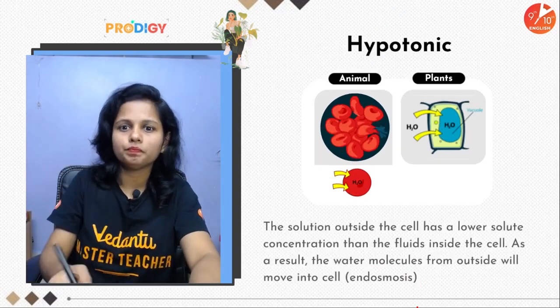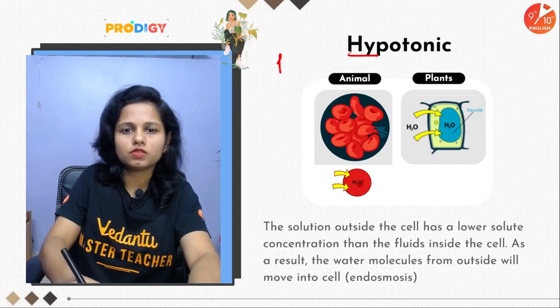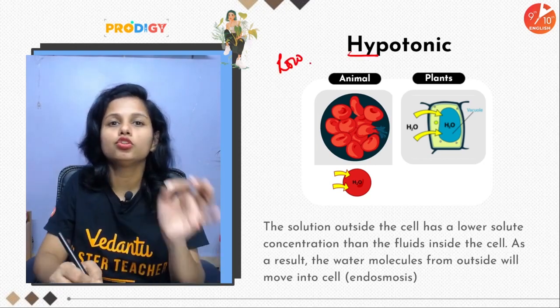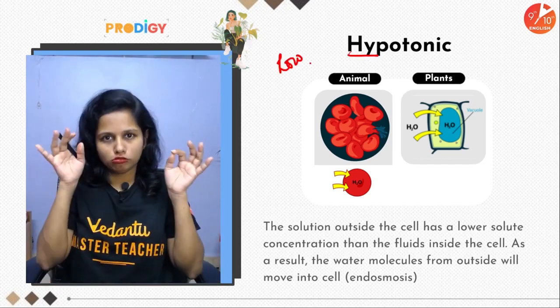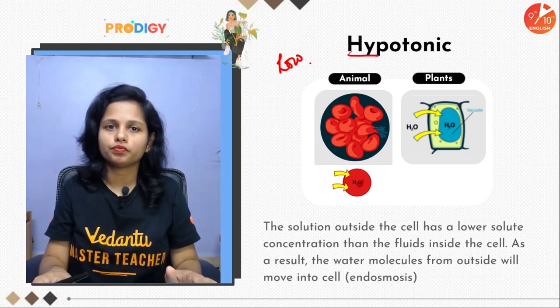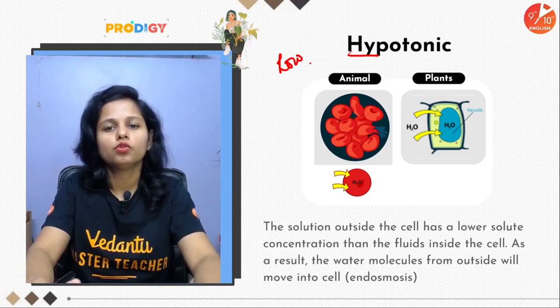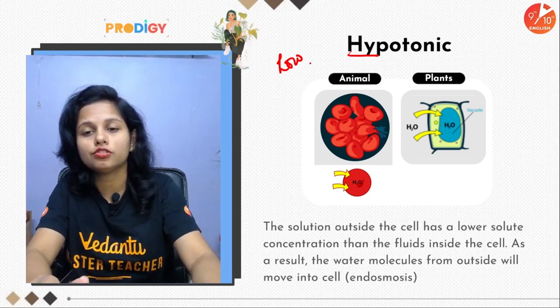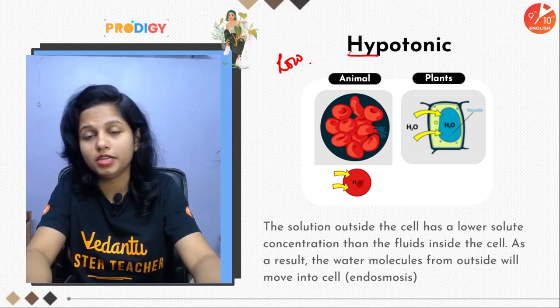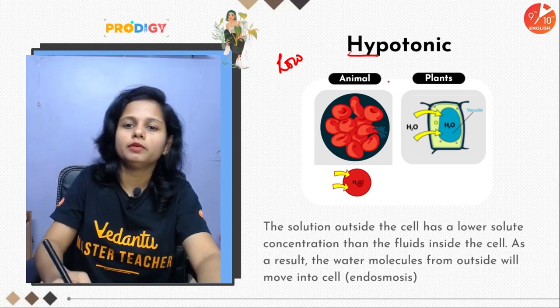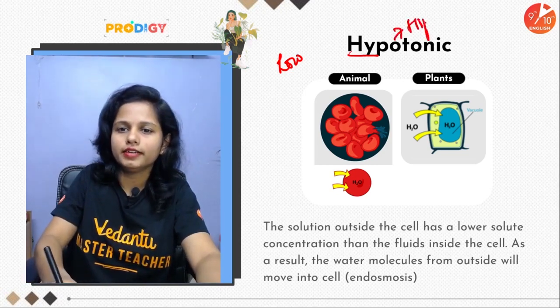Then hypo means low, where the solute concentration of the solution is low as compared to the cell. So bachcho, when the solute concentration is low, of course the water concentration will be on the higher side. So hypo sounds like a hippo.